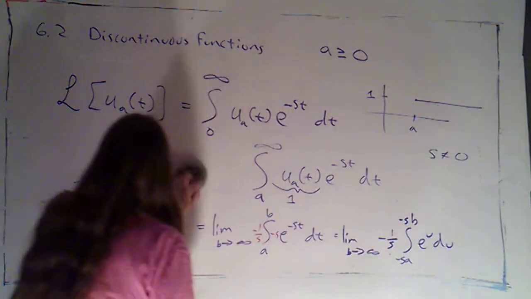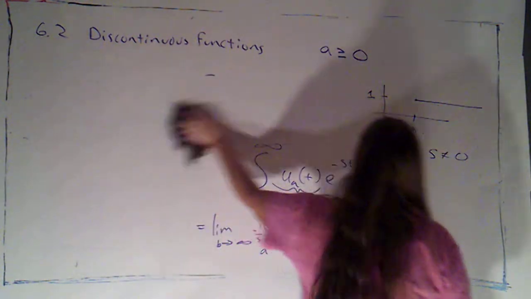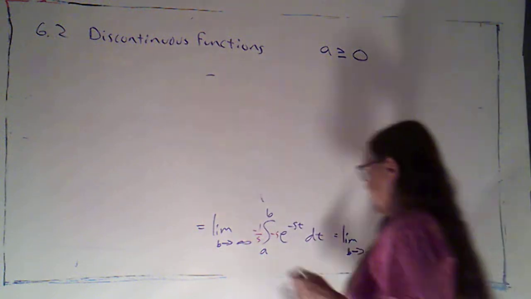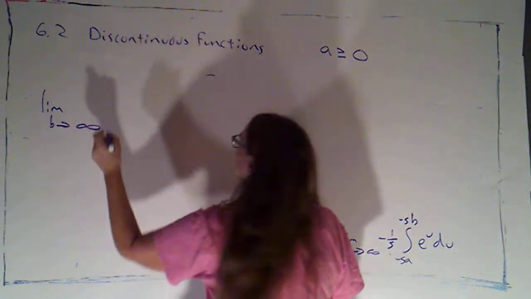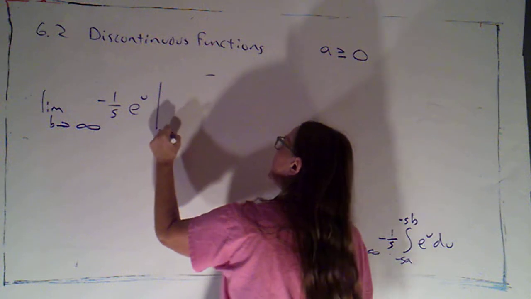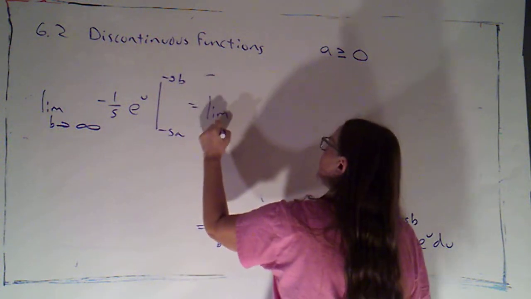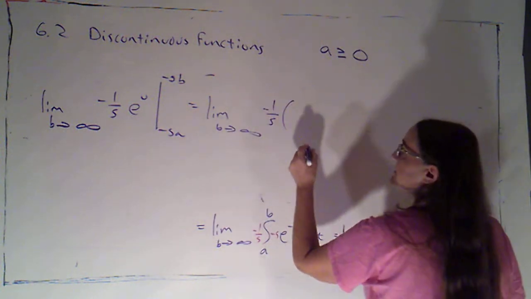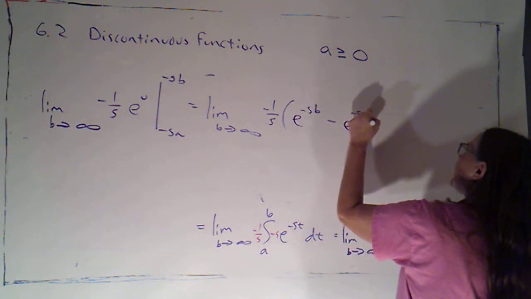So, let's come over here to finish that up. That's going to be the limit as b goes to infinity of negative 1 over s e to the u evaluated between negative sa and negative sb. So that's the limit as b goes to infinity of negative 1 over s times e to the negative sb minus e to the negative sa.